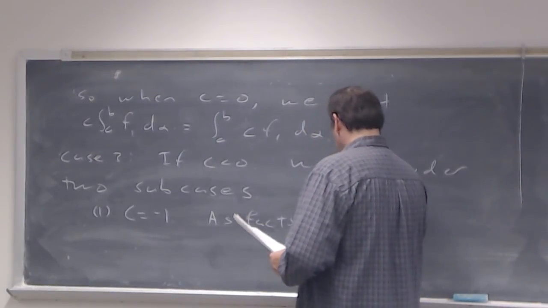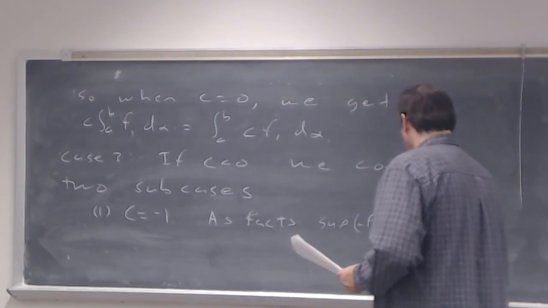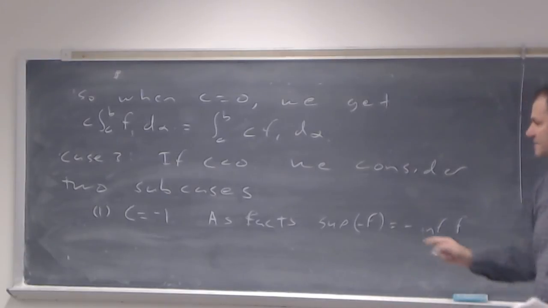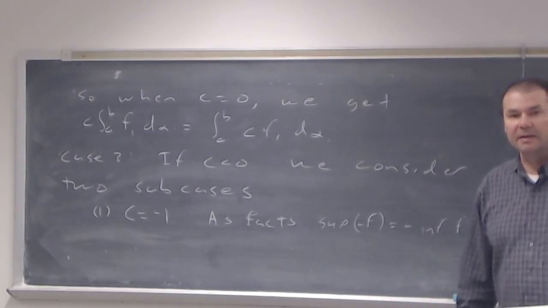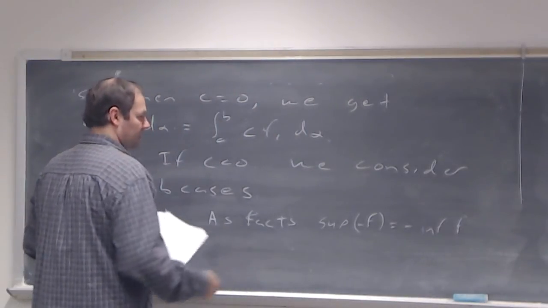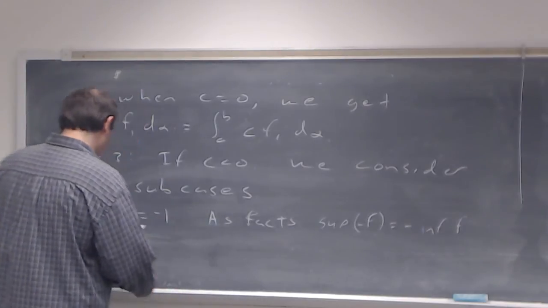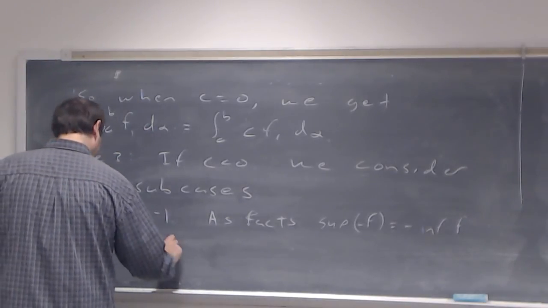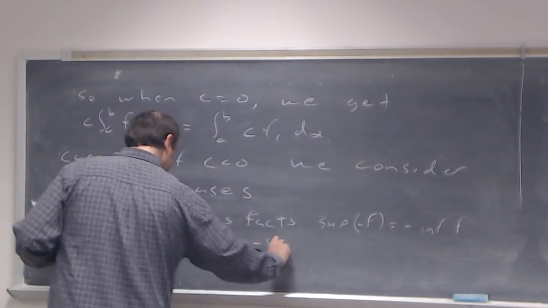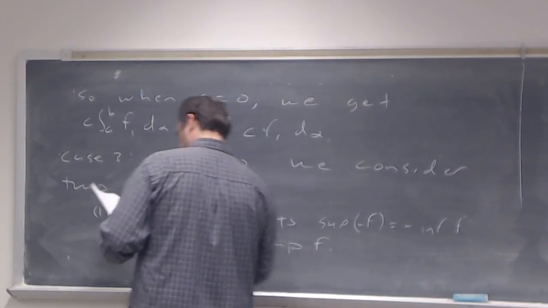If you have the supremum of minus f, that's equal to minus the infimum of f. And we proved, I believe, something similar to that in analysis 1. Okay? It didn't involve f, but it involved sets. And the infimum of minus f will be equal to minus the supremum of f.